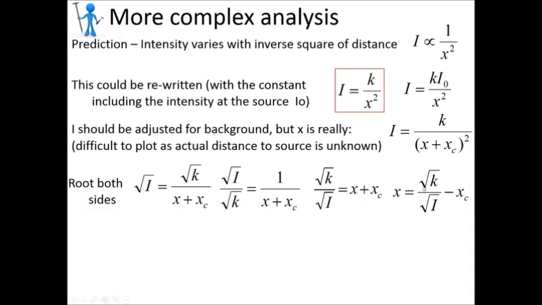So now we could plot on a graph, on the x-axis we could plot X, which is the distance, and on the y-axis we could plot 1 over root I. That will hopefully give us a straight line graph with an intercept of XC and a gradient of root K. Here we have our equation, X equals root K over root I minus XC.